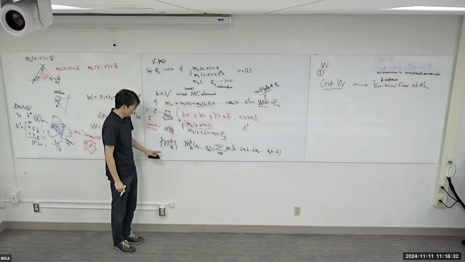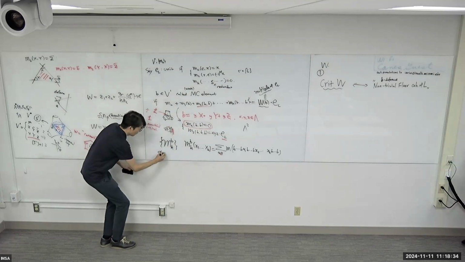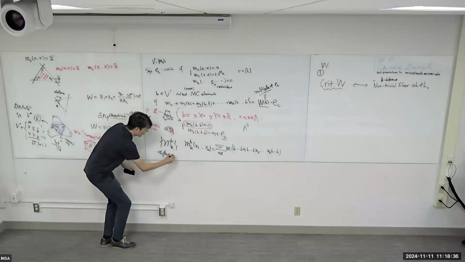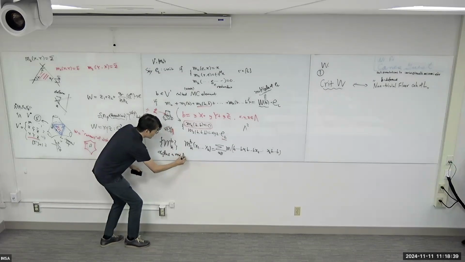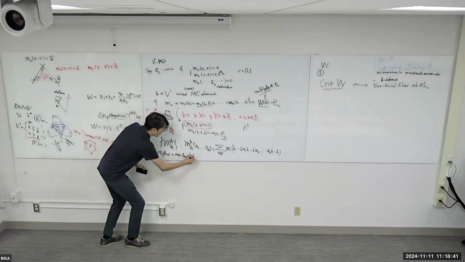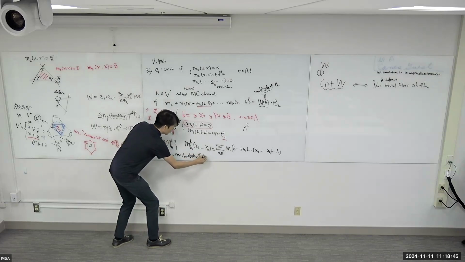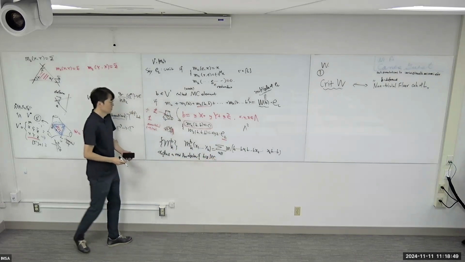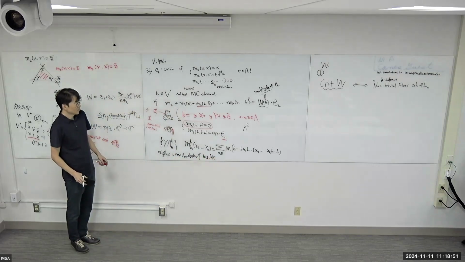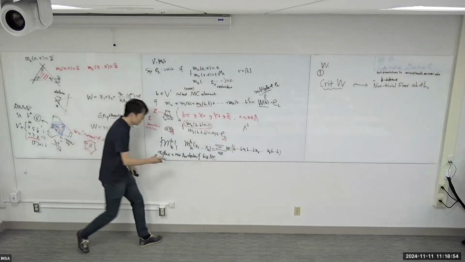And this defines a new A-infinity algebra if b is a Maurer-Cartan element, or weak Maurer-Cartan.